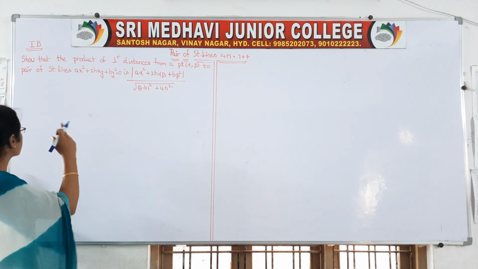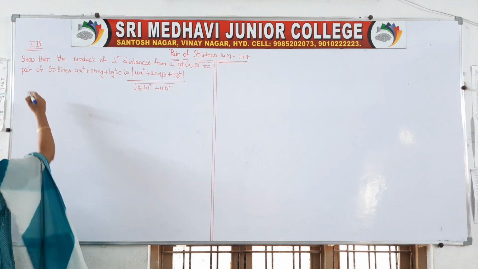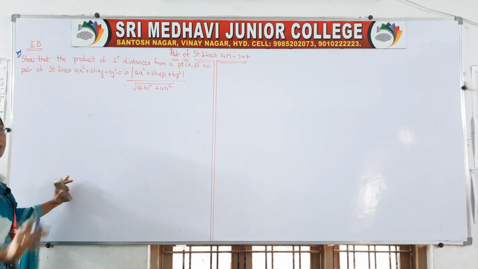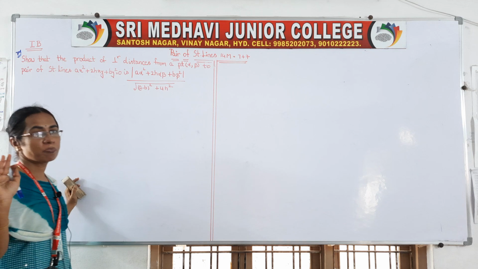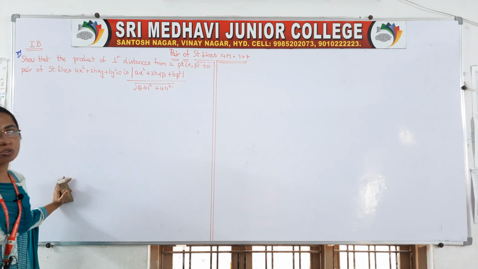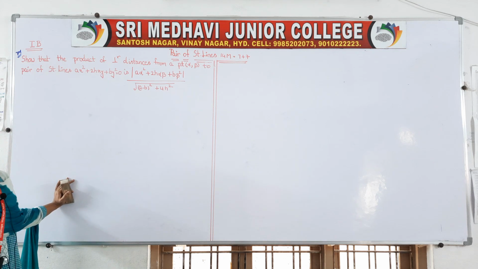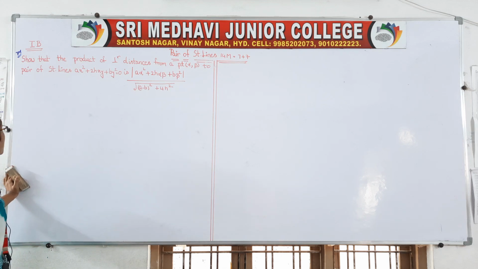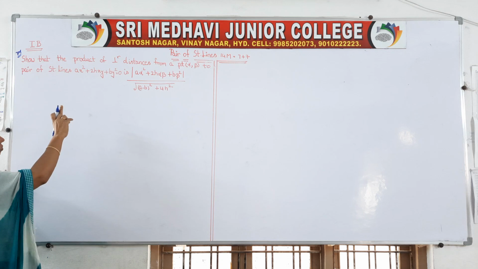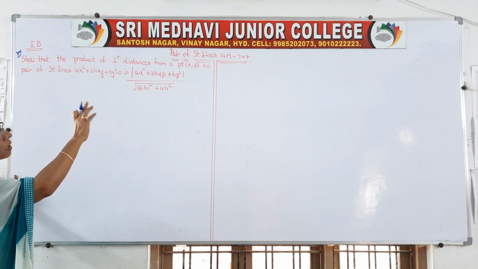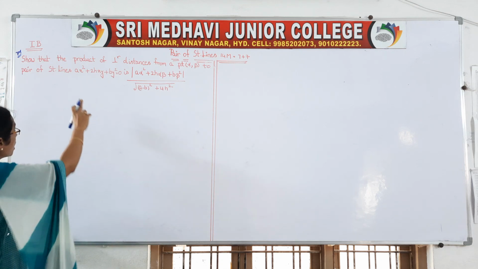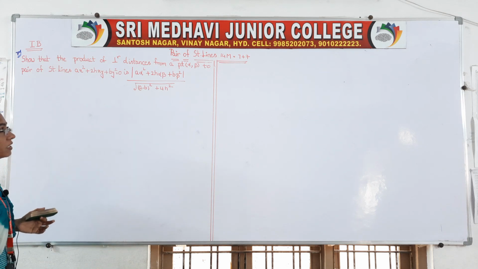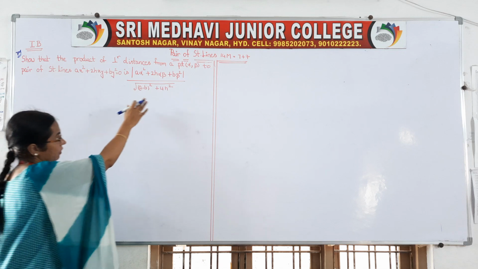Now come to this 7 marks question. Again it is a show that problem, like the previous theorem we proved. In theorem and show that, prove that problems, we know the answer, isn't it? Show that the product of perpendicular distances from a point alpha comma beta to the straight lines ax square plus 2hxy plus by square is equal to 0 is this one.